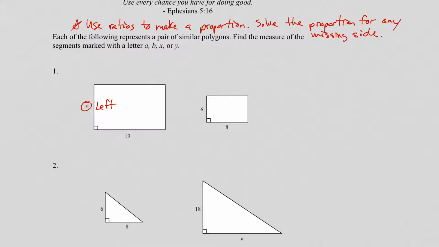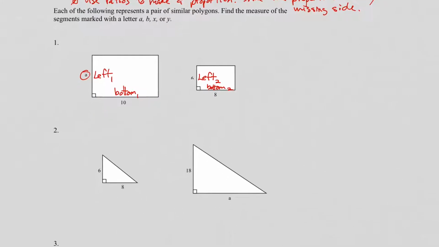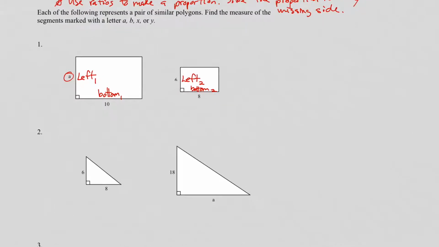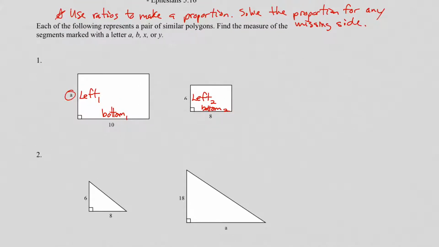But there's another number over here that's on the left, so I'm going to call this left 1 and left 2. And then this 10 is, let's say, the bottom number, and that's bottom 1, and this is bottom 2. So you can actually do quite a few different arrangements, but I'm just going to show 2.